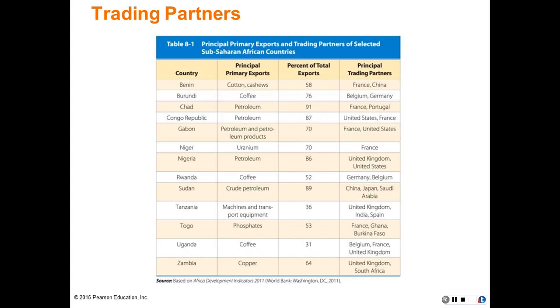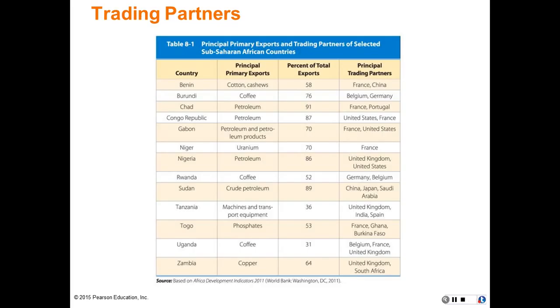Let's take a look at trading partners here. I think the thing that really jumps out for me on this is the continuing aspect of neocolonialism. If I look at any of these countries and see who their primary trade partners are, they are related to their original colonizing European forces, with the exception of those countries that have a petroleum aspect to their economy.